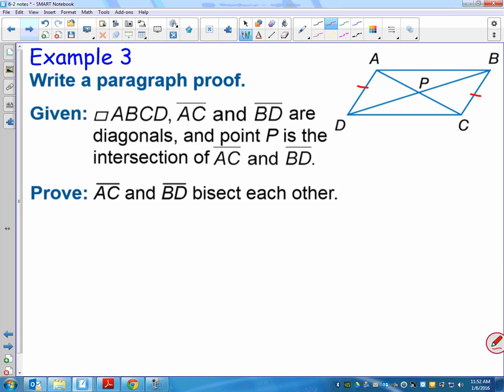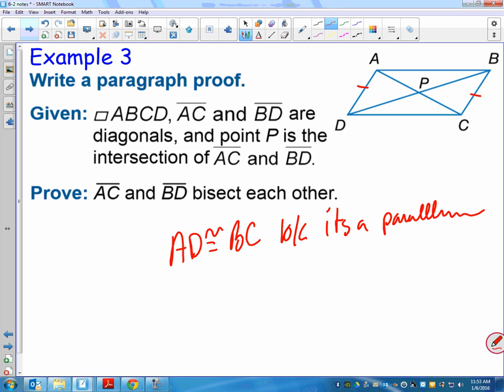How do we know that? It's a parallelogram, right? I hate paragraph proofs, because who wants to write a full paragraph? So I would be like, I know, well, here's my given. AD is congruent to BC because it's a... I could just do that when I write the word parallelogram.